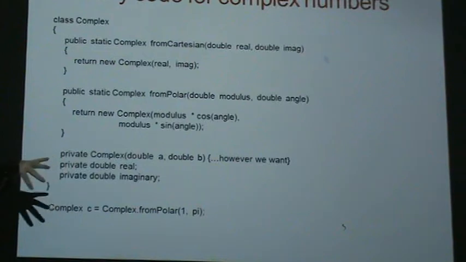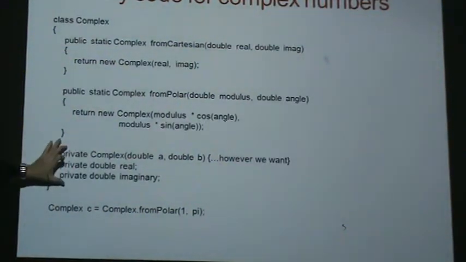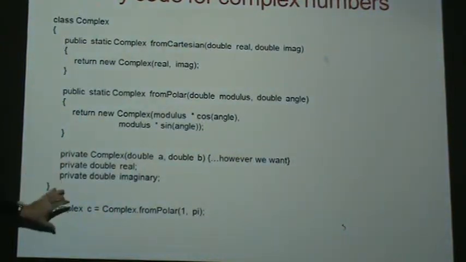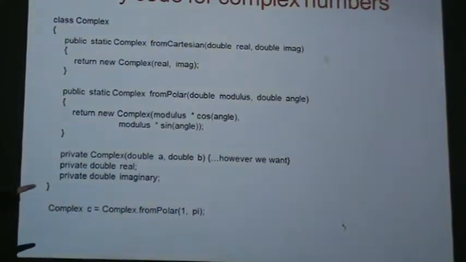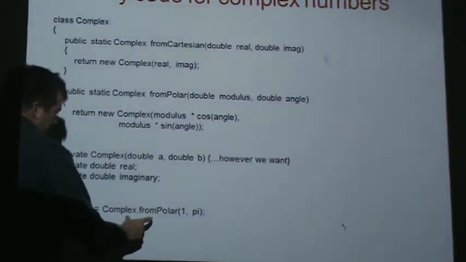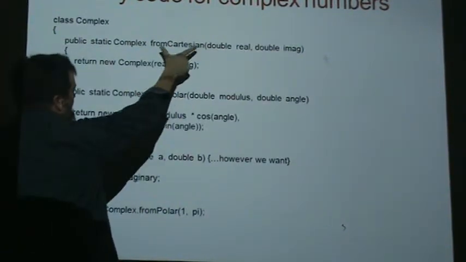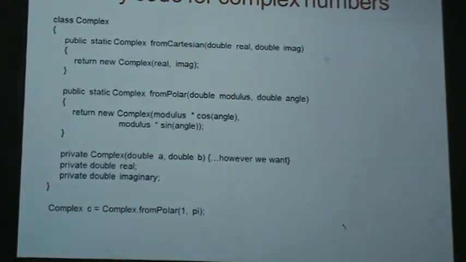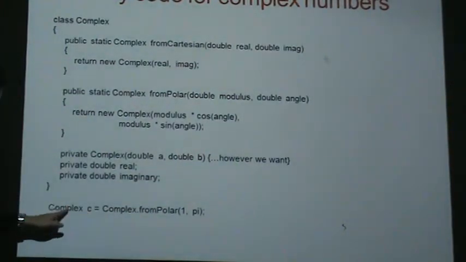So basically, depending on what the caller wants to give as input will determine how the constructor should be used. So we're adding two other methods, from polar and from Cartesian coordinates, and then we make them call that one. So when you go to construct one of these, you can't call the normal constructor.